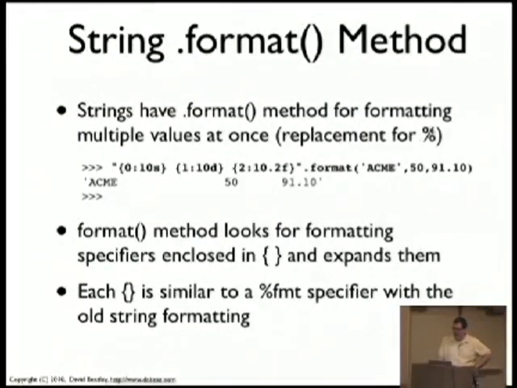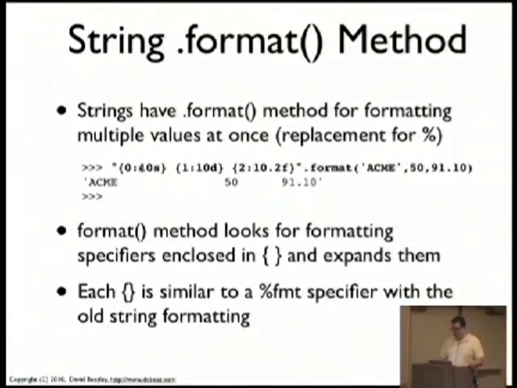And then moving forward, this new format method of strings is also tied into this machinery. So instead of the percent operator, you now have this format method that looks for these formatting specifiers in curly braces.